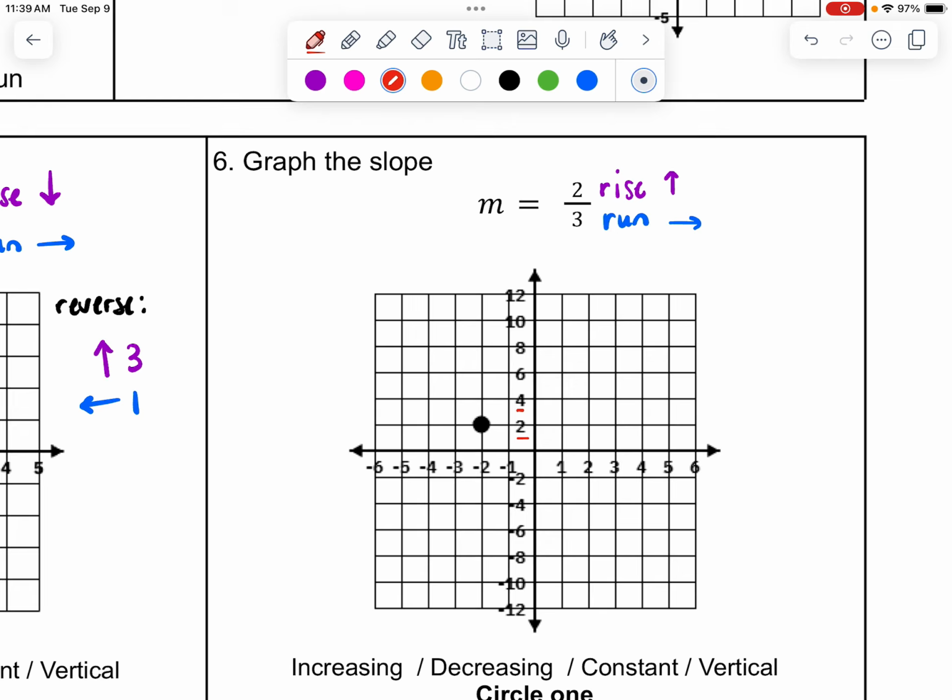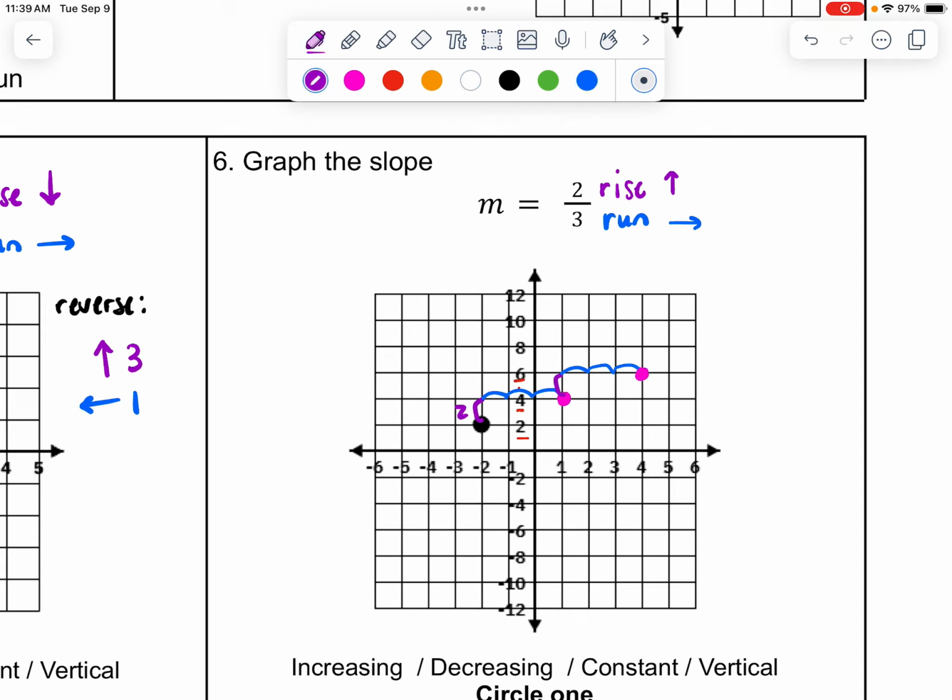Because I'm counting by 2s here, 2, 4, 6, 8, to go up 2 spaces, it's really only 1 box because every box is worth 2. Then I'm going to go to the right 3 spaces, 1, 2, 3, and put a new point there. And then I'm going to count up 2, which is 1 space, 1 box on this graph. 1, 2, 3 to the right.